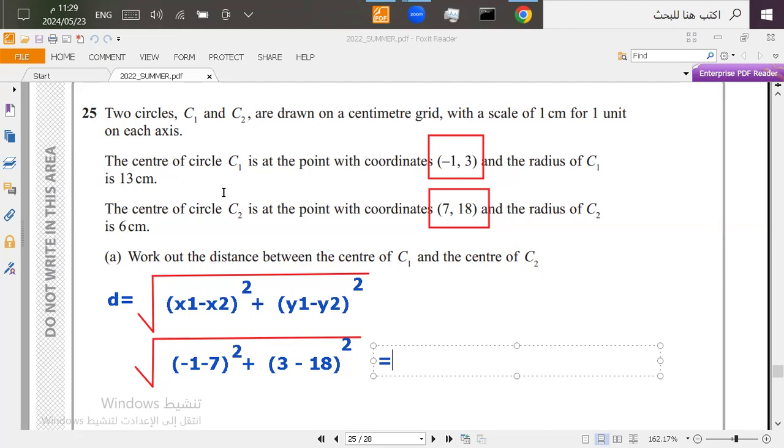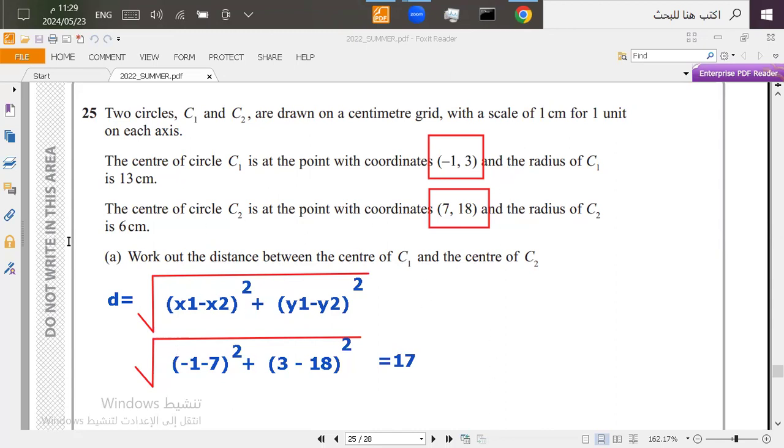Push equal, and you'll get the final answer, which is 17. And this is the answer for this question. This is the distance between the two coordinates or the 2 points. Focus on this formula. It's very important. It's used to find the distance between 2 points.